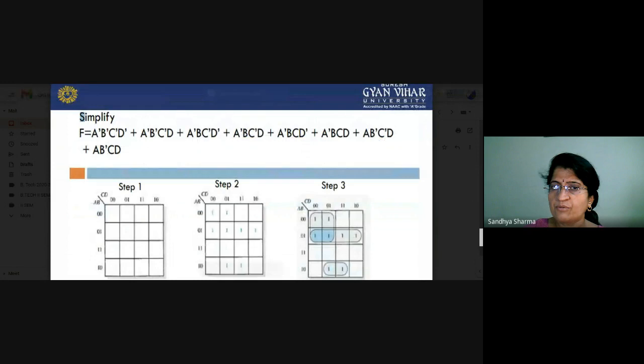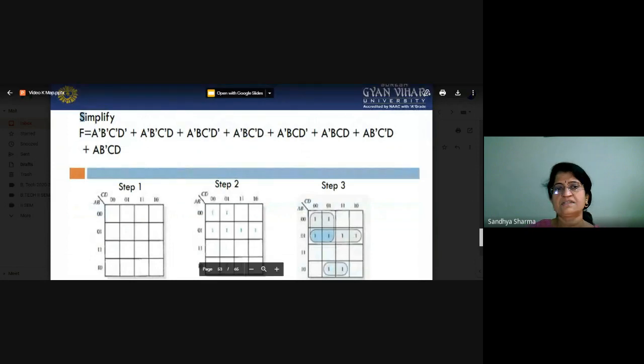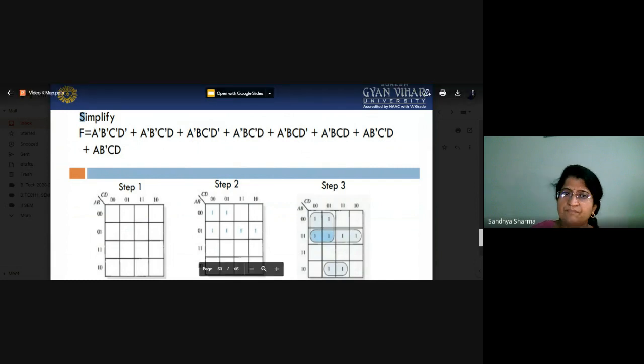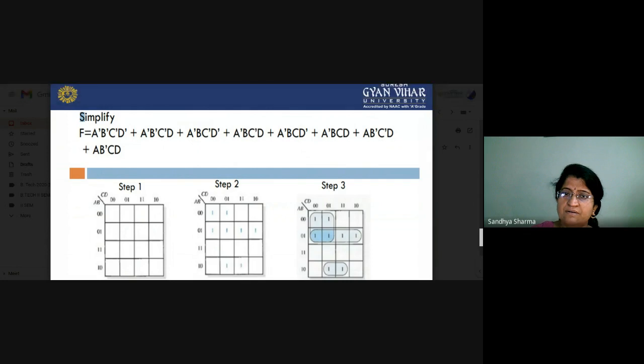What type of variables are here? A combination of four variables is given. That particular combination will be represented as a one. So put that particular value one: A bar, b bar, c bar, d bar, that is equal to one. Just see where this cell exists. If you write equation 1, this is the equation.